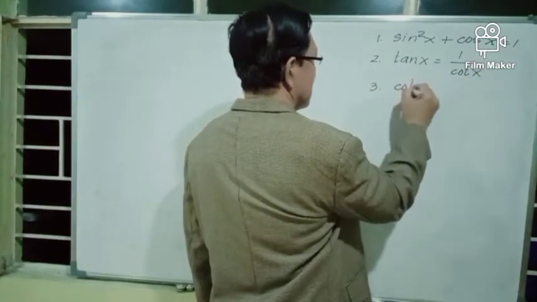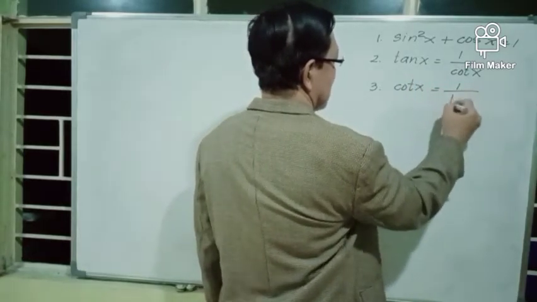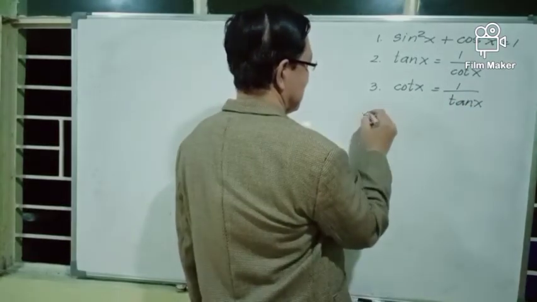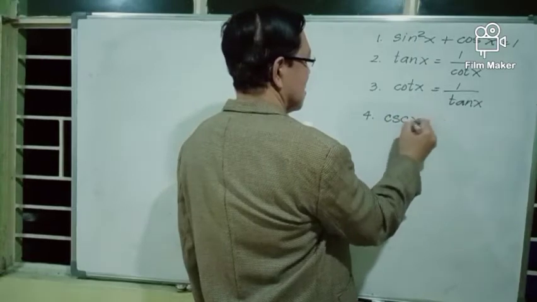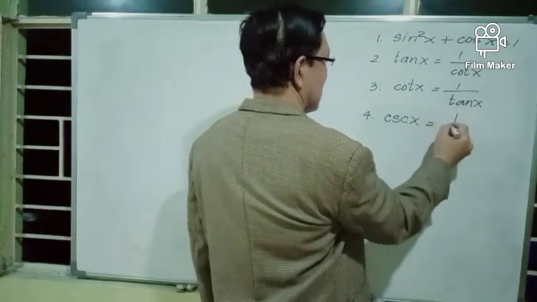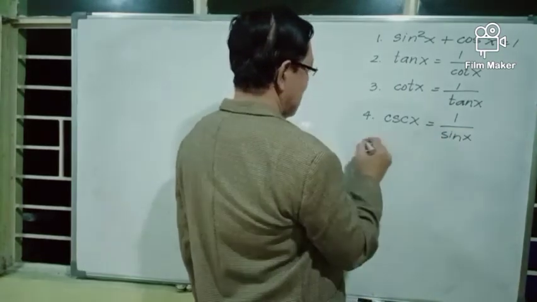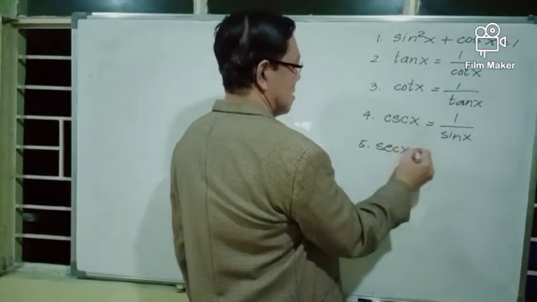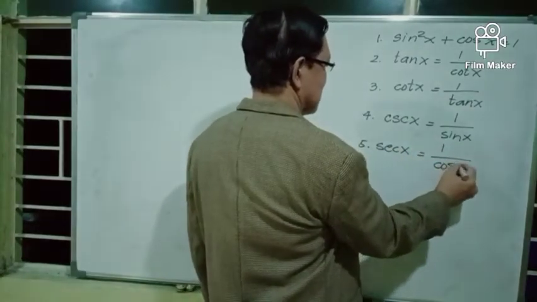Also, cotangent x is the reciprocal of tangent. And cosecant x is the reciprocal of sine. Secant x is the reciprocal of cosine.